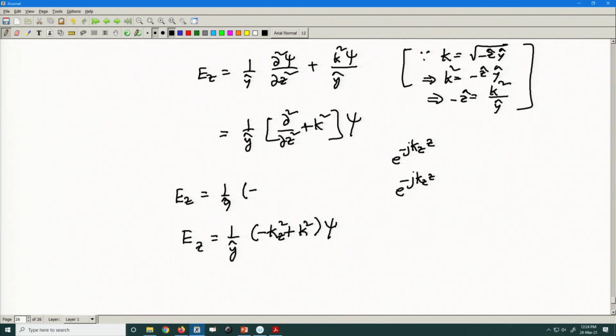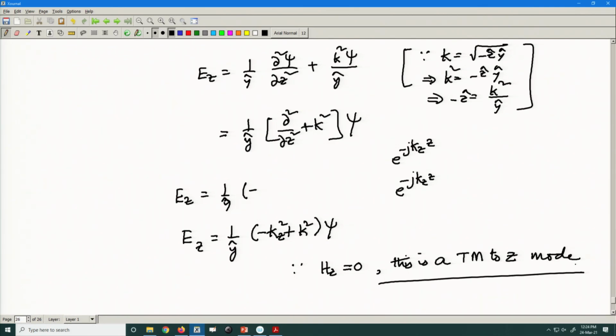Now, we first note, as we noted previously, that h z is 0, out of all the 6 components. Therefore, since h z is 0, this is a T m 2 z mode, because h z is 0.